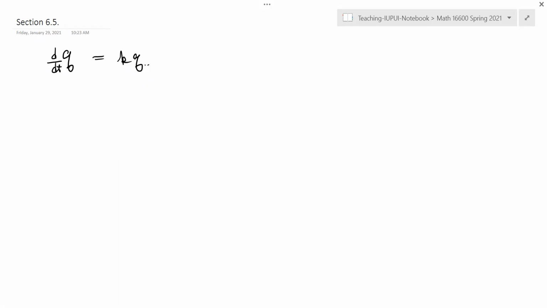The population of human beings around the Earth grows according to the same formula. The growth rate of population is proportional to the population, but the Earth is limited. The surface of Earth is limited, so you cannot have 1,000 billion people on the Earth.